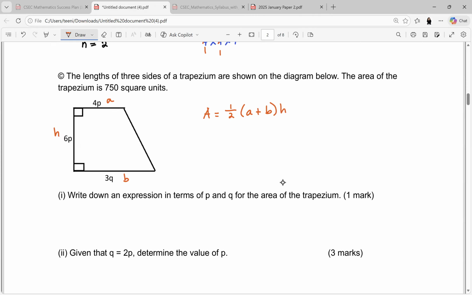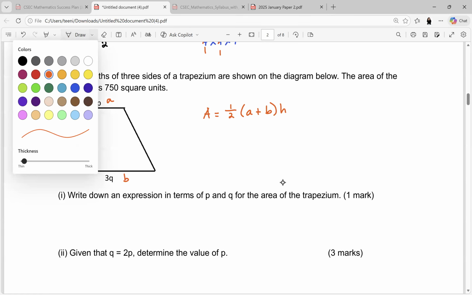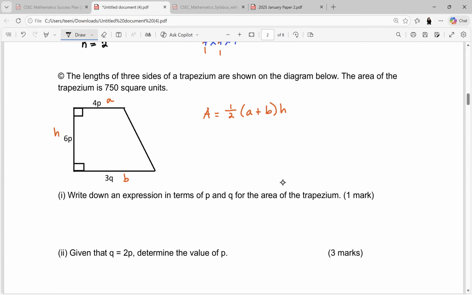So all we need to do here is substitute A, B, and H with the values that we have here. And the area as well, because they told us that the area is 750 square units. So it'll be half of A, which is 4P, plus the 3Q, that's B, multiplied by 6P. And all of that is equal to 750.